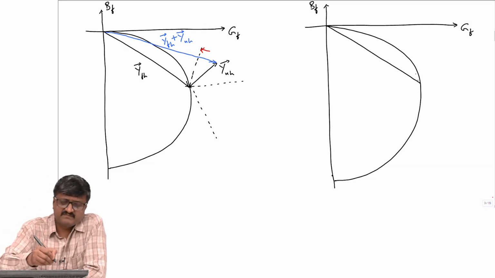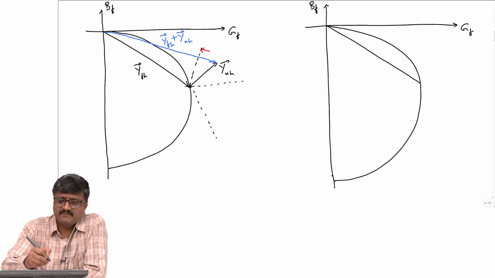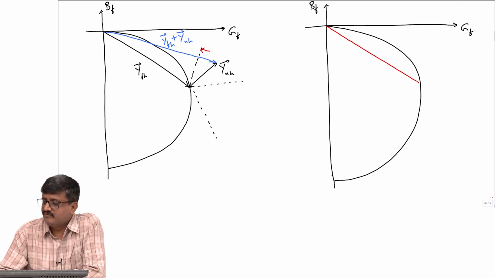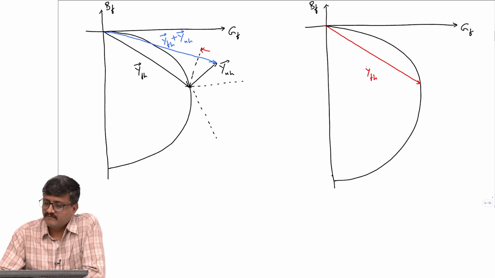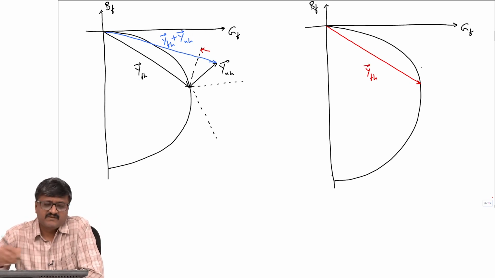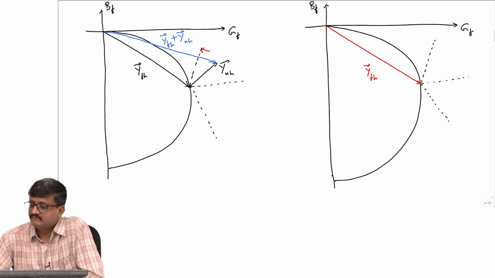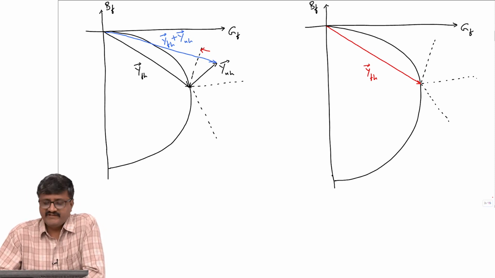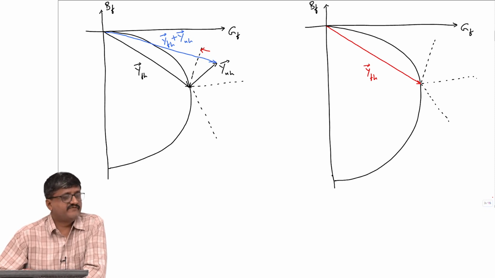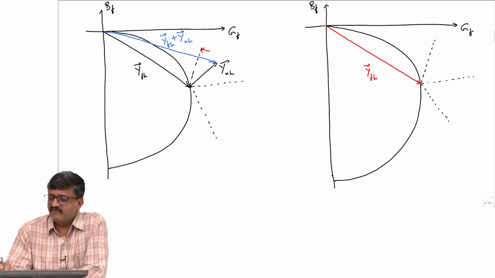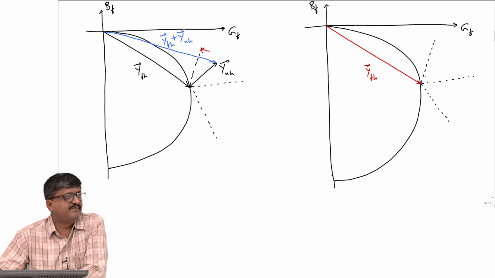So, suppose this is y of h. Now, in order to find y n h such that it results in the least magnitude of y of h plus y n h, what I should do is first drop a perpendicular from the origin to the boundary which makes an angle phi m.